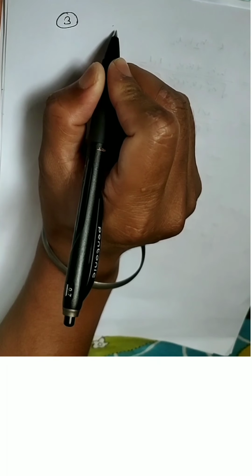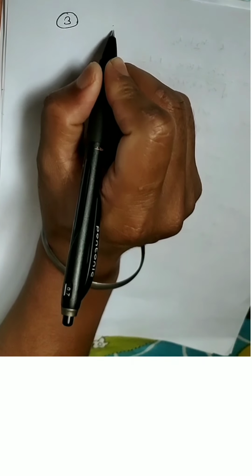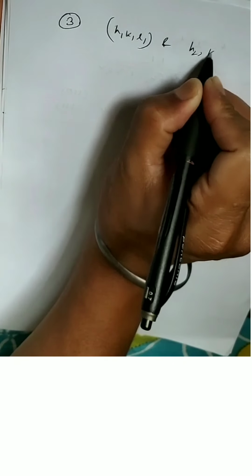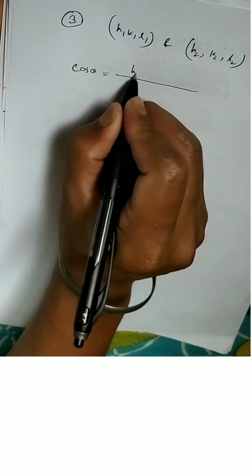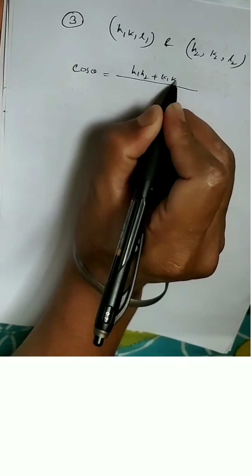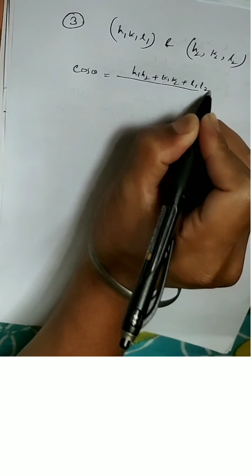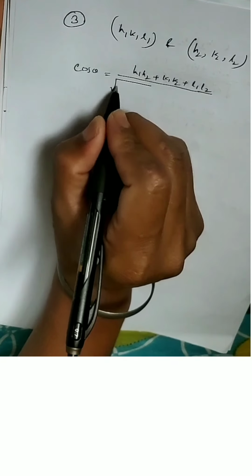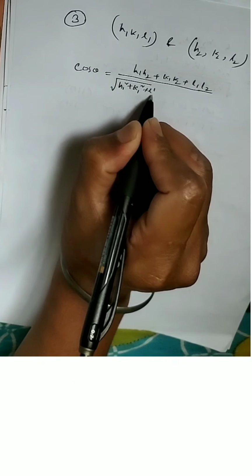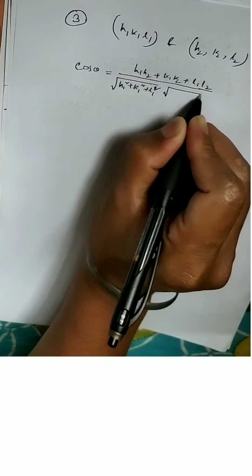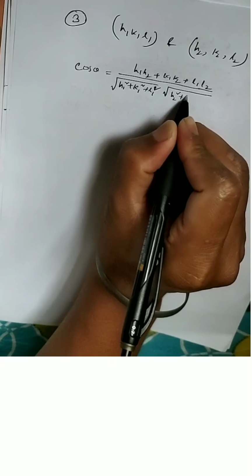Here, the angle between two planes having the Miller indices h1, k1, l1 and h2, k2, l2 is given as cos theta equals h1 h2 plus k1 k2 plus l1 l2 divided by root over h1 square plus k1 square plus l1 square into h2 square plus k2 square plus l2 square.